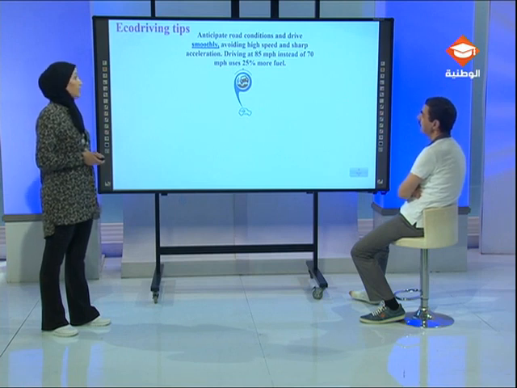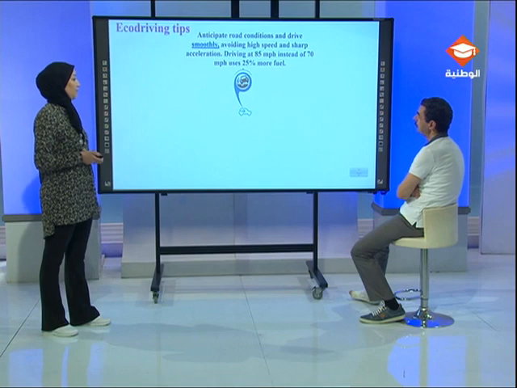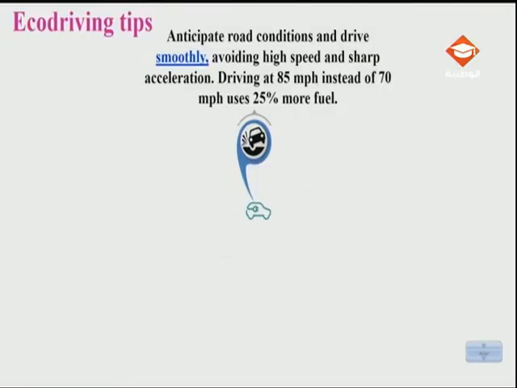I understand. So we should drive smoothly. I see the words. Try to guess. I said maybe slowly. I will help you. For example, if you keep a safe distance between your car and the car in front, this will help you prevent sharp acceleration and heavy braking, and it will enable you to have smooth driving.